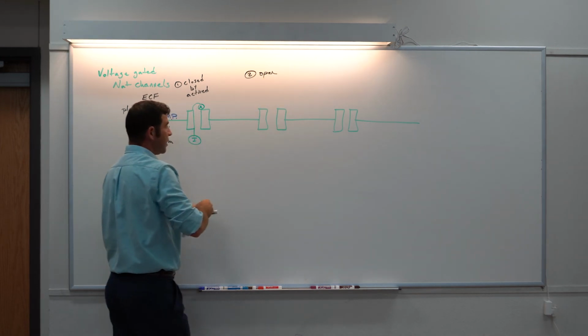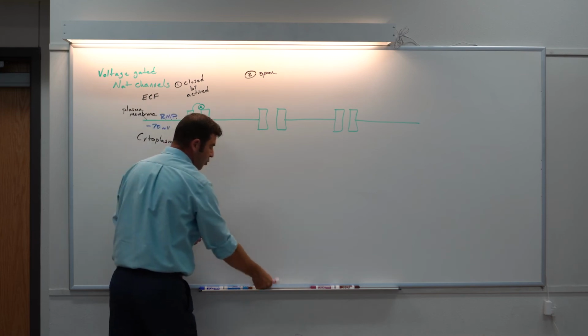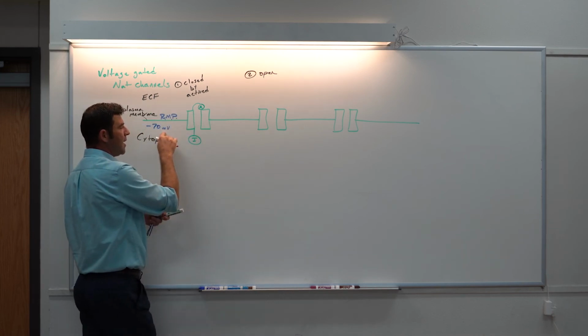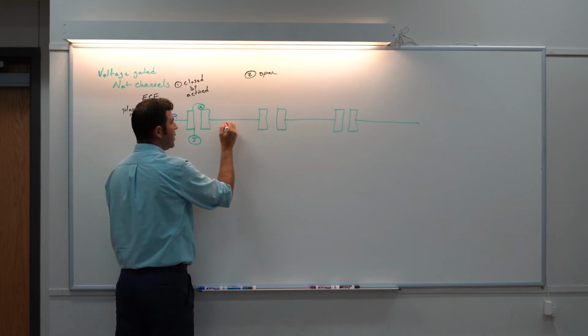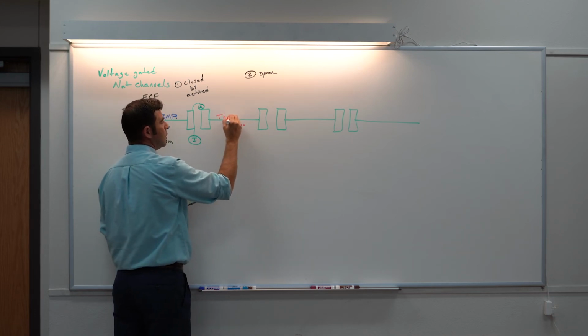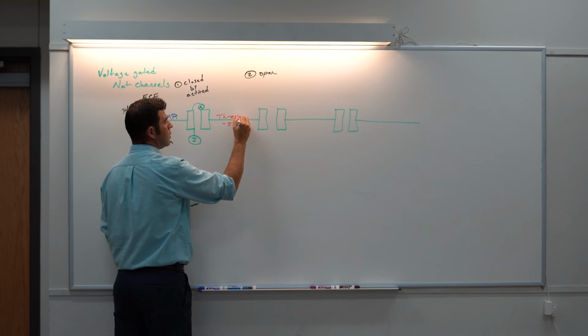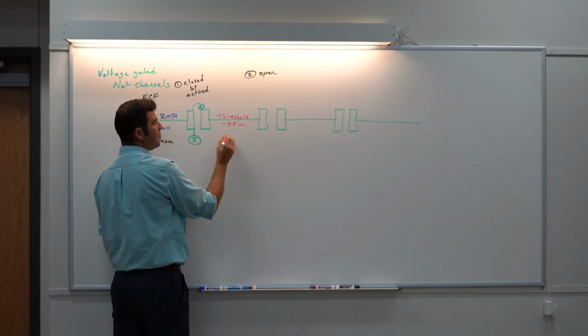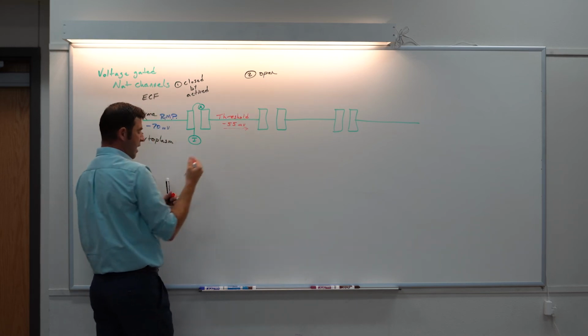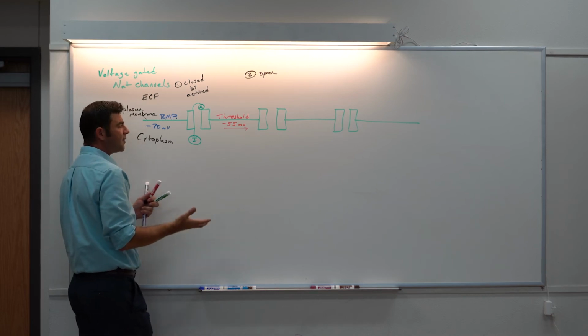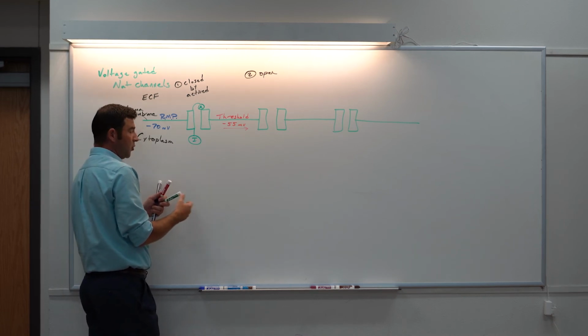This open position, like we had seen in the previous graph, all we have to do is go from negative 70 millivolts to negative 55 millivolts. Once we cross this threshold of negative 55 millivolts, it's going to cause a change in the shape of these voltage-gated channels.